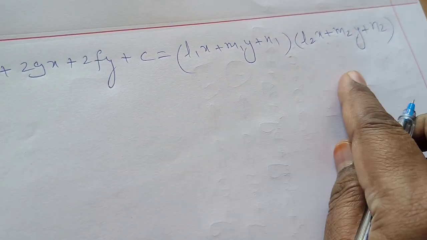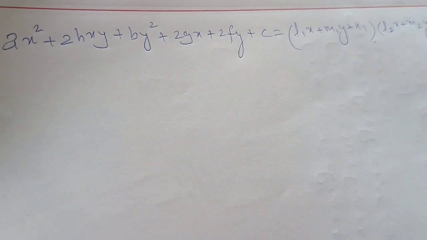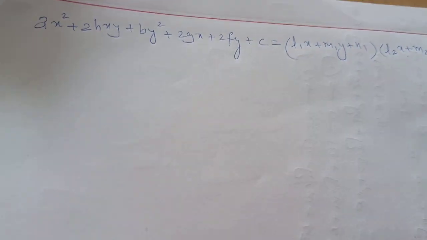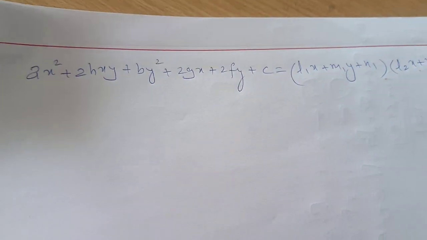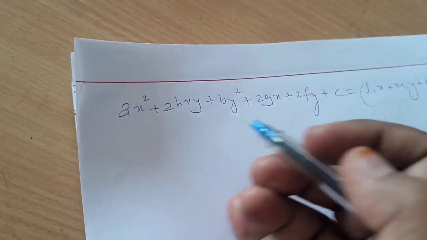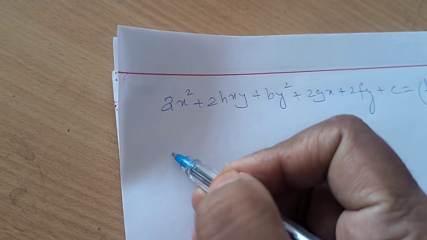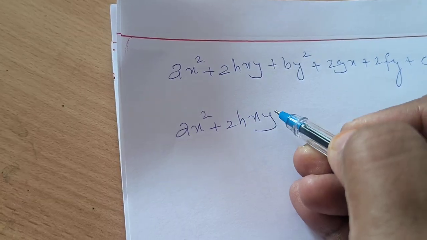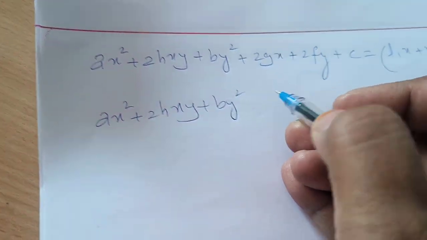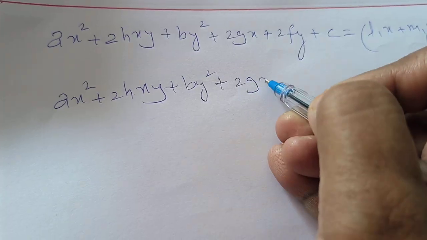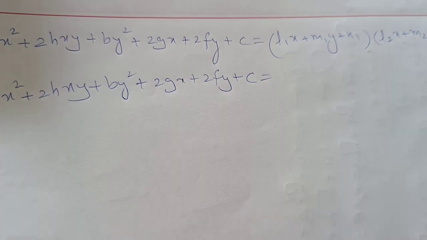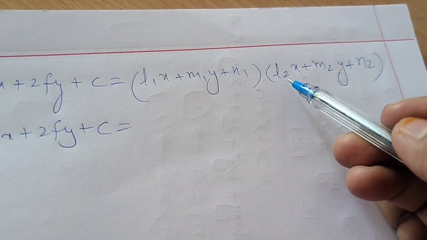Now we will find the product of these two lines. So we will keep the left hand side as it is.